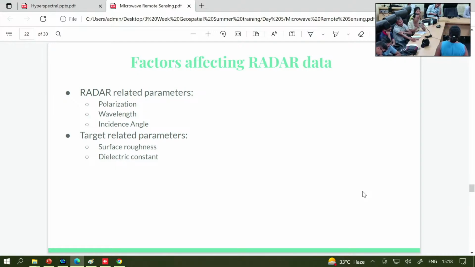I have learned about the range. That range is far away from the flight direction, and azimuth is along the one direction, the flight direction. And in the sensor there is a near and far, and between that is called slant range.